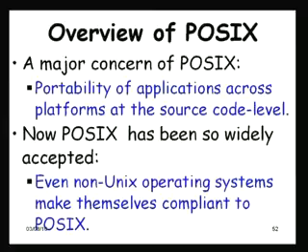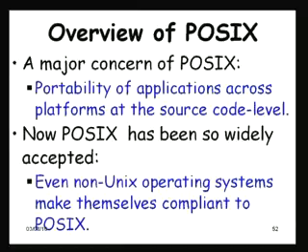Now, POSIX is so widely accepted that even though it was initially developed for different variants of Unix operating systems, even non-Unix operating systems now make themselves compliant to POSIX, because otherwise users will ignore them.